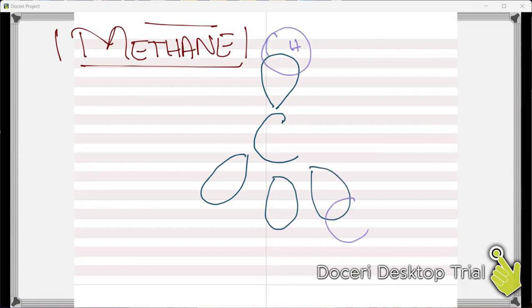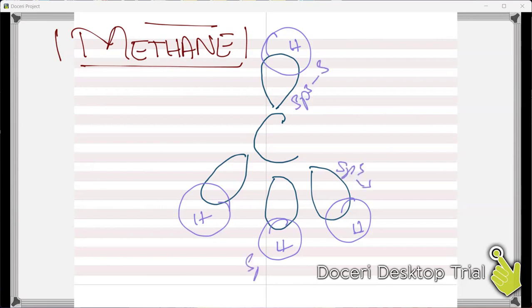One hydrogen attached, one hydrogen attached, one hydrogen attached, one hydrogen attached. It is sp3 and it is combined with the s orbital. This is sp3-s, sp3-s, sp3-s, and it's a sigma overlapping, sigma overlapping. Yep, that's right. And it's a tetrahedral structure.